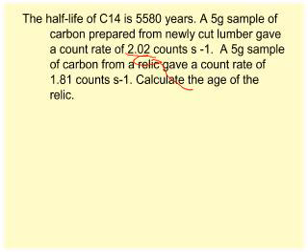I know all Catholic churches have a relic in their altar, so they either have a piece of a dead saint or something precious to them, perhaps a burial cloth or some book that they wrote. This is 1.81 counts per second. Calculate the age of the relic.